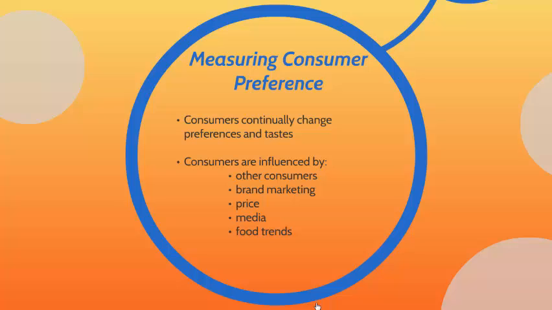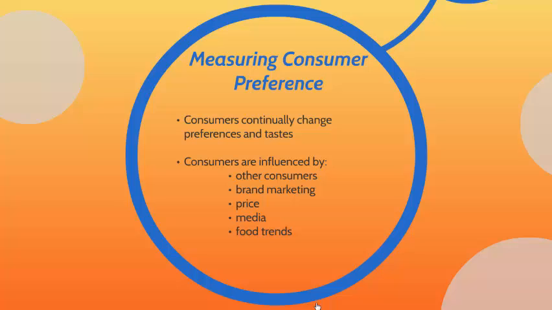And to do this, you need to measure consumer preference, which is sometimes tricky to measure, but consumers are continually changing their preferences and tastes, and this is because as consumers, we're influenced by outside sources. We're really heavily influenced by other consumers, as well as brand marketing and price, but I think two of the most potentially influential factors are media and food trends, and I think that's just because they've really increased over the past few years.